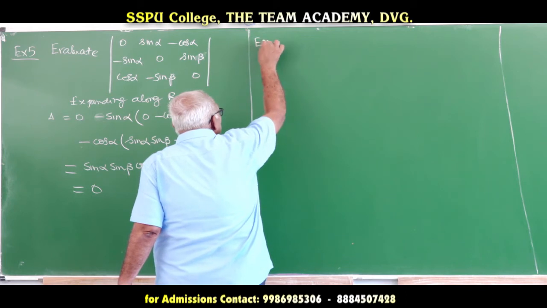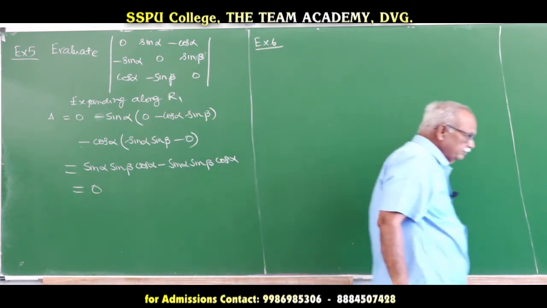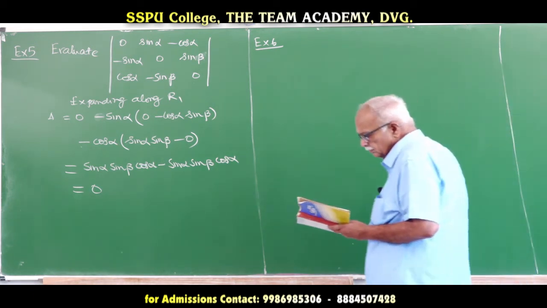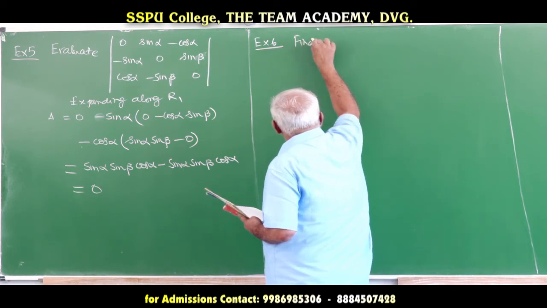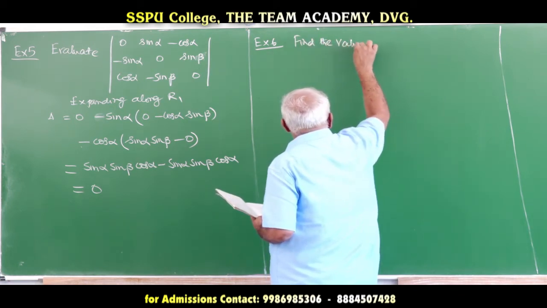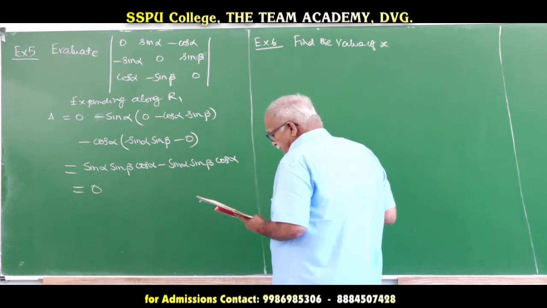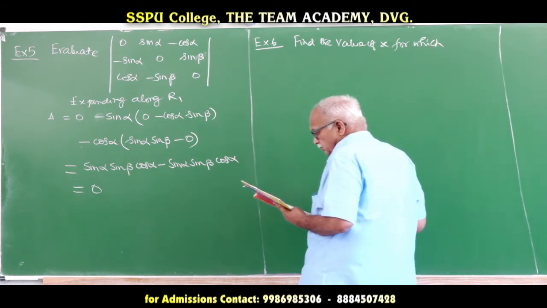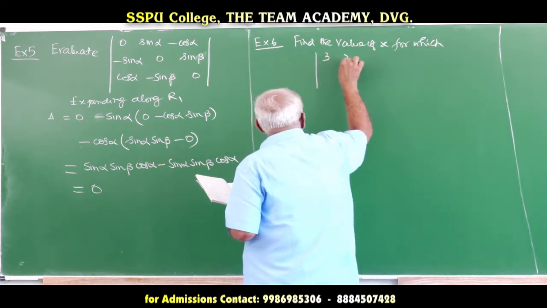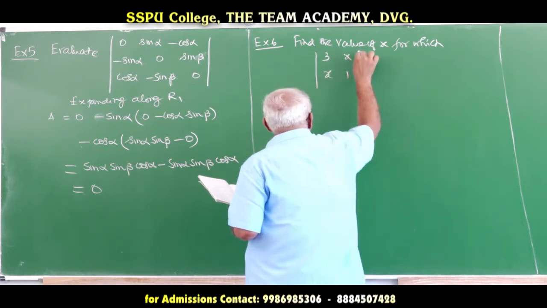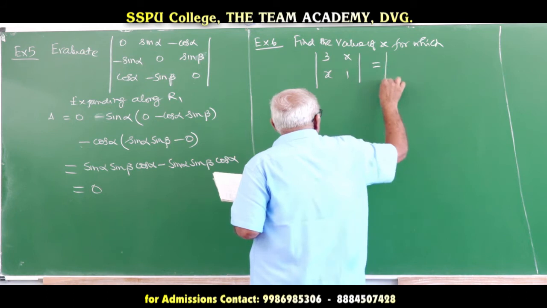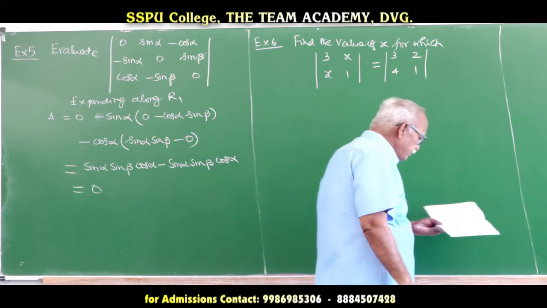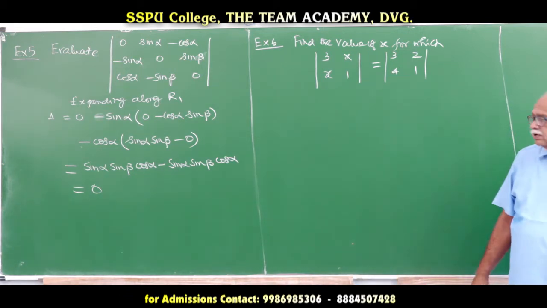Expansion of example 6. Find the value of x for which determinant 3 x, x 1 is equal to determinant 3 2, 4 1. Okay, this is a simple question.